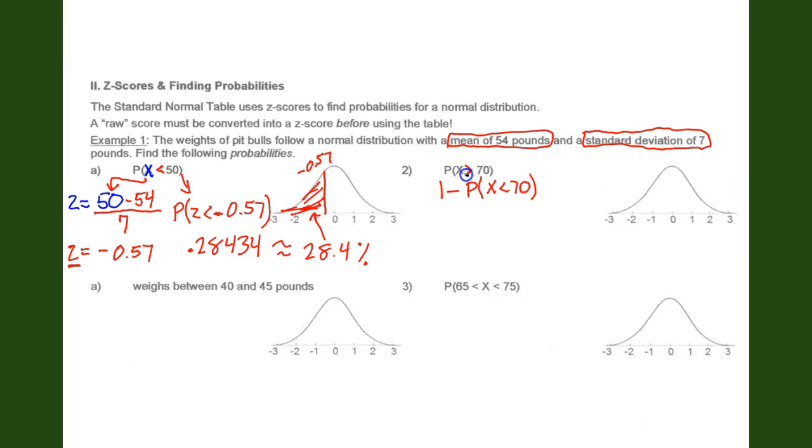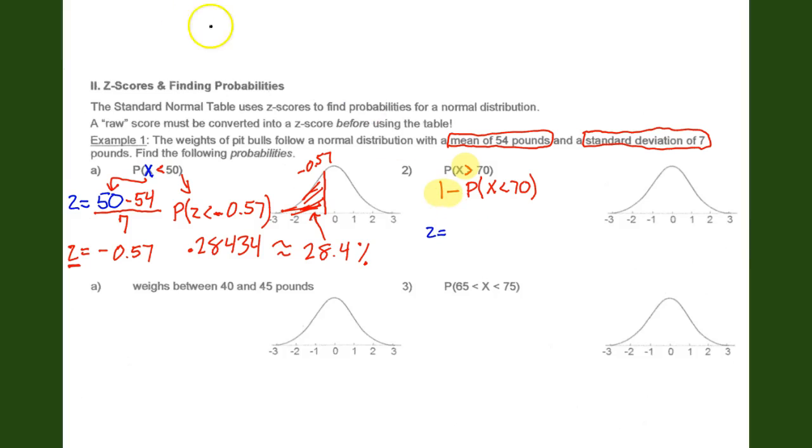Anytime you have a greater than, that's when you have to do the 1 minus, because our table only gives us less than. And our table only accepts z-scores. This is an x-score, so convert the x-score to a z-score.